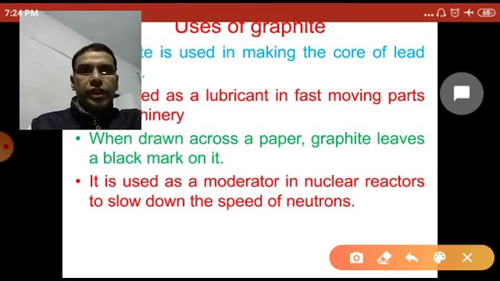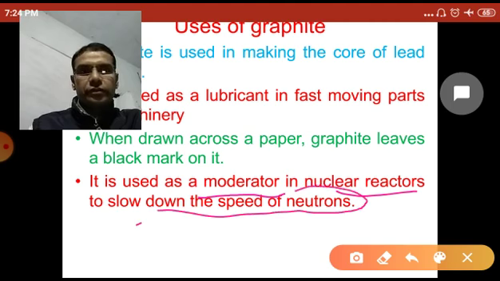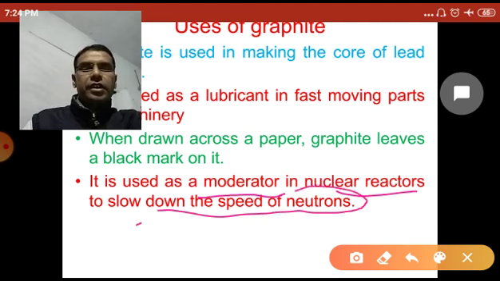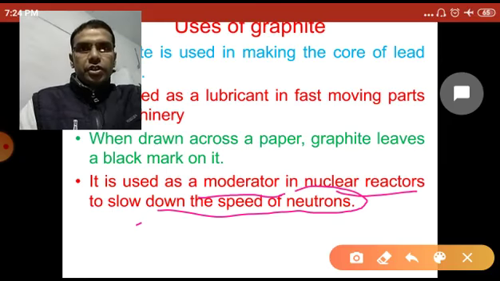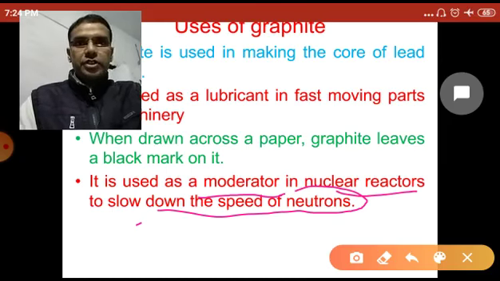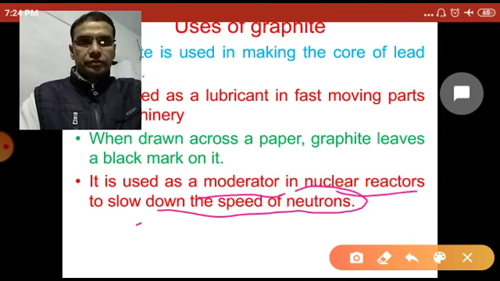Now next, graphite is used as a moderator in a nuclear reactor to slow down the speed of neutrons. In a nuclear reactor plant, generally we use uranium as a radioactive element for the production of heat, which is used to generate electricity.